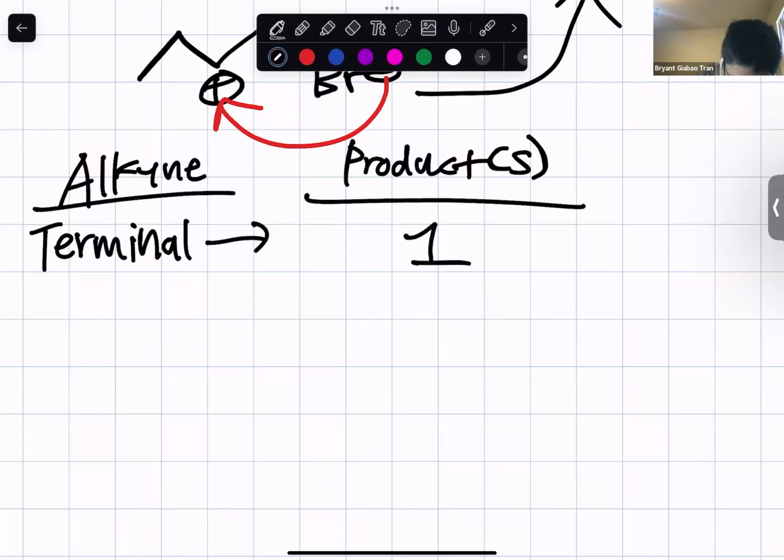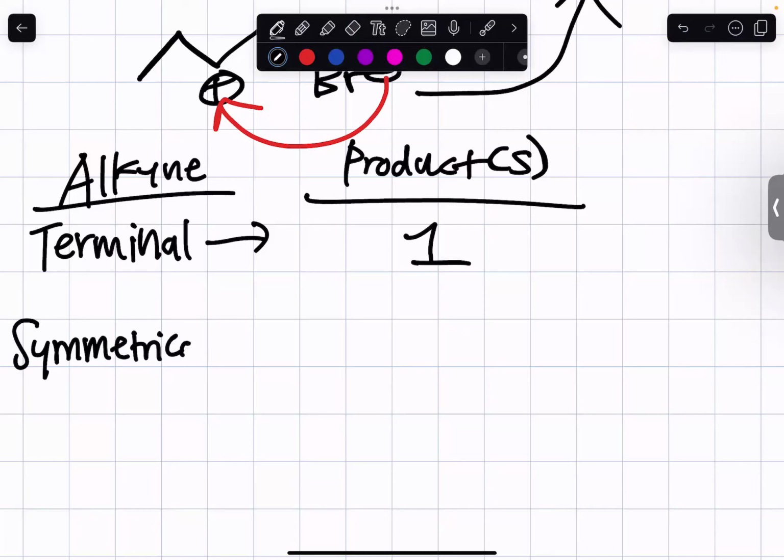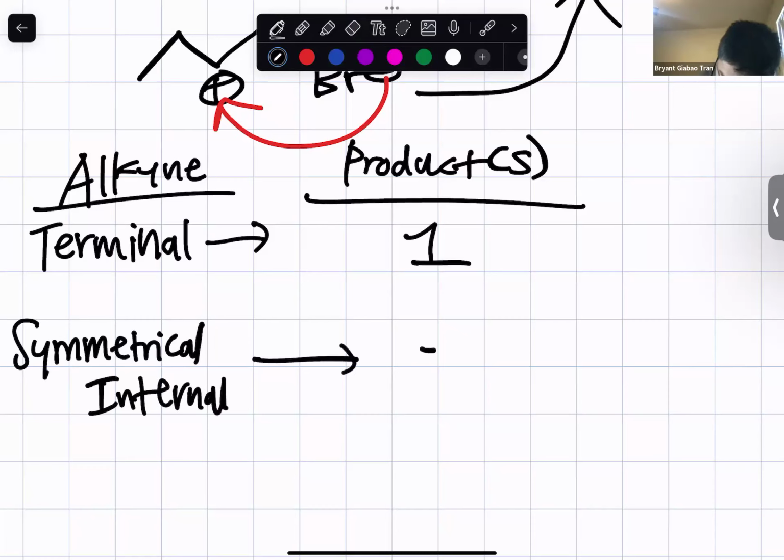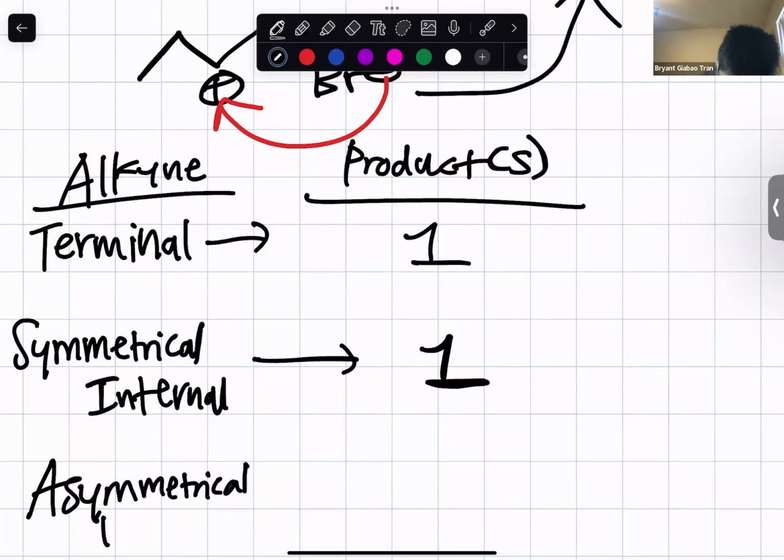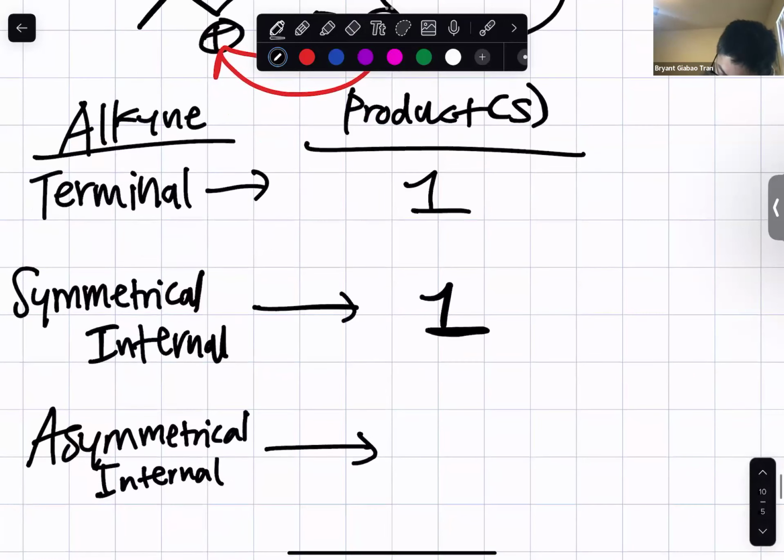If you have a symmetrical internal alkyne, you're also going to get one product. But if you have an asymmetrical internal alkyne, then you're going to get a mix of two products.